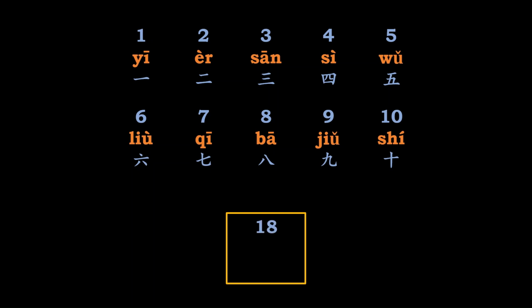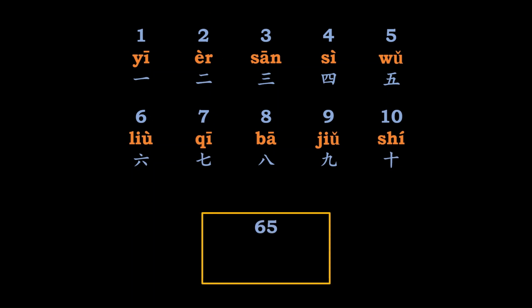18 is 10, 8. 十八. 20, well, that's two tens. 二十. 70 is 7 tens. 七十.